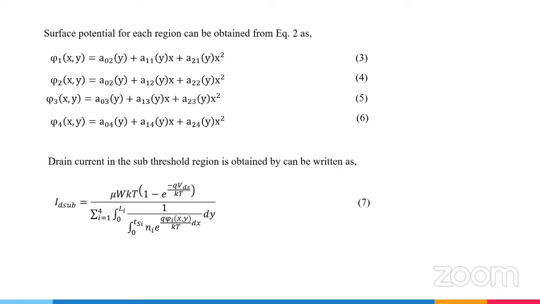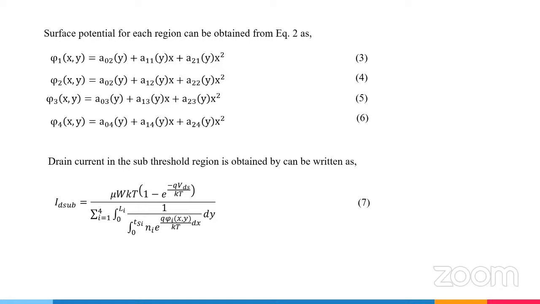These are the potentials phi 1, phi 2, phi 3 and phi 4 for all the regions. After that we do a linear approximation and add all the potentials together to find the complete surface potential profile of the channel.